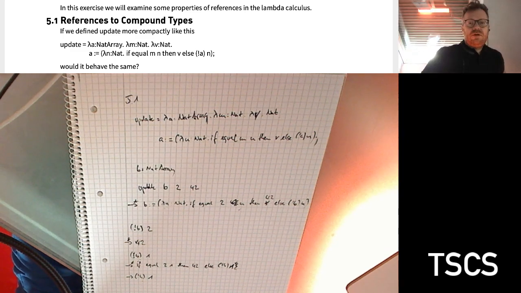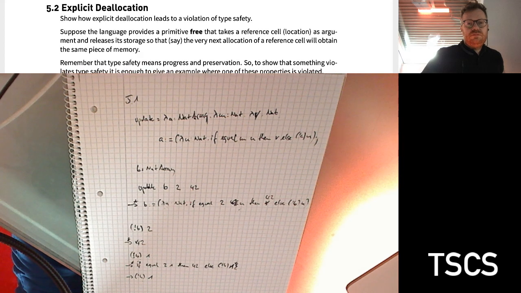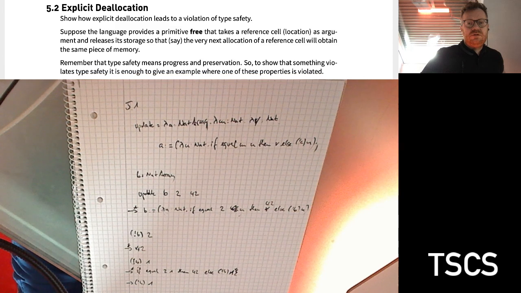Good, if not, then let's just move on. Explicit deallocation. So what was the task here? Let me just quickly move a bit so we have more of the screen. Good. It's not in line anymore, but we'll manage.